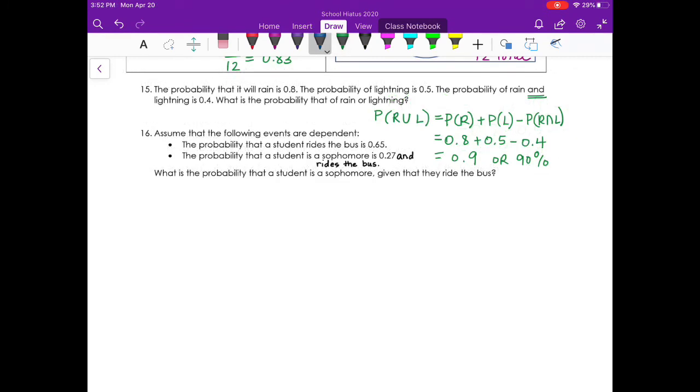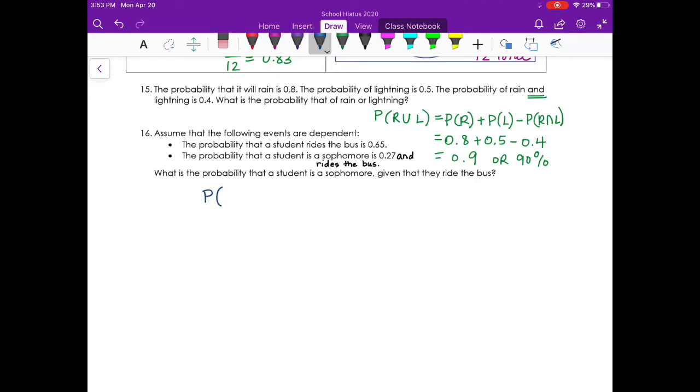And for number 16, assume that the following events are dependent: the probability that a student rides the bus and the probability that a student is a sophomore. And we are given the probability that they ride the bus is 0.65, and the probability that the student is a sophomore and rides the bus is 0.27. So to find the probability that a student is a sophomore given that they ride the bus, we'll use the formula for conditional probability.